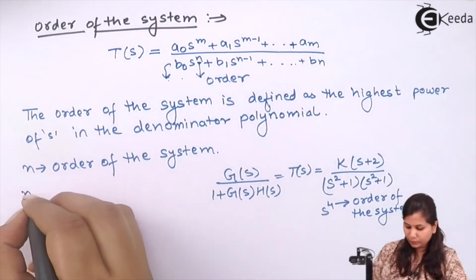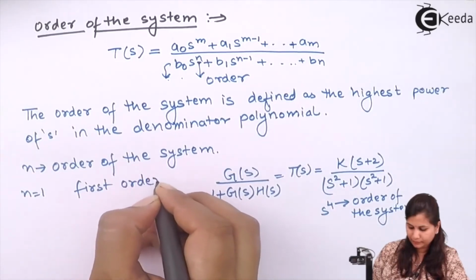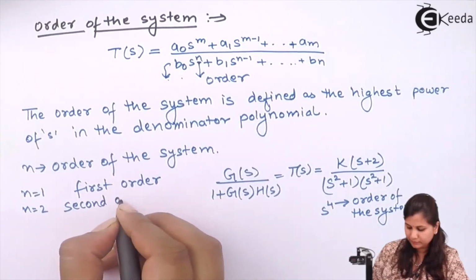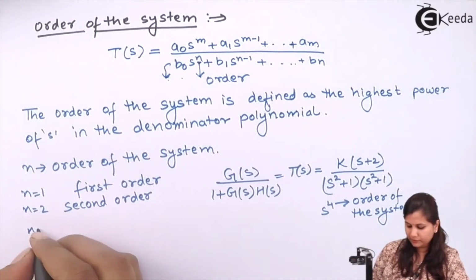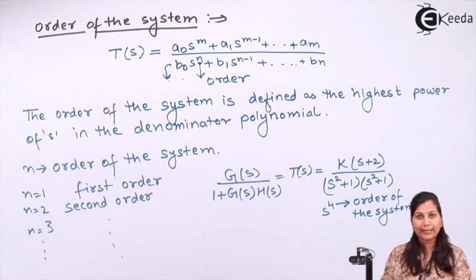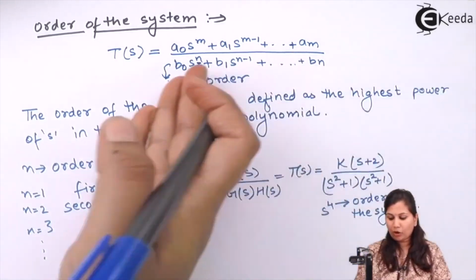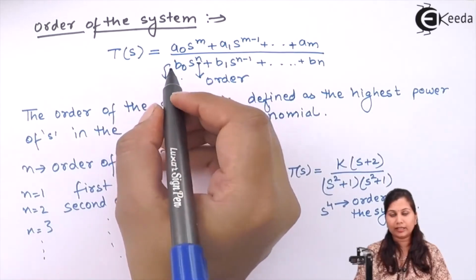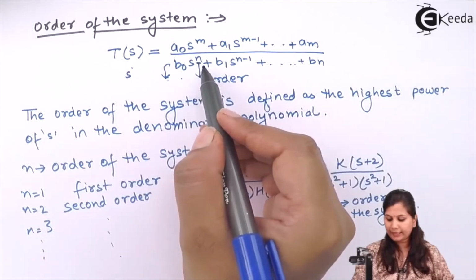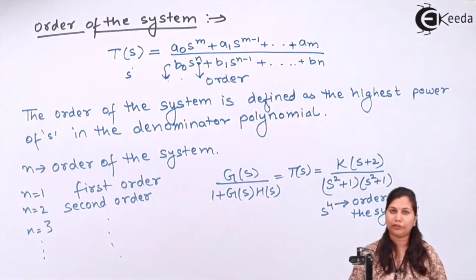For n equals 1, it is a first order system; n equals 2, a second order system. Similarly, we define the other systems. So type is the multiplicity of poles at the origin, that is the power of s when we take it out common, and order is the highest power of s in the denominator polynomial.